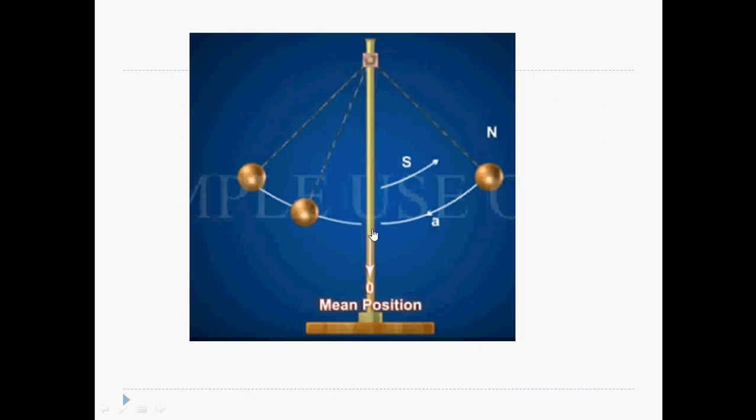The acceleration is proportional to the distance from the mean position. You can move this mass to this position and to this extreme position also, but the acceleration will be more at this extreme position when compared to this position.